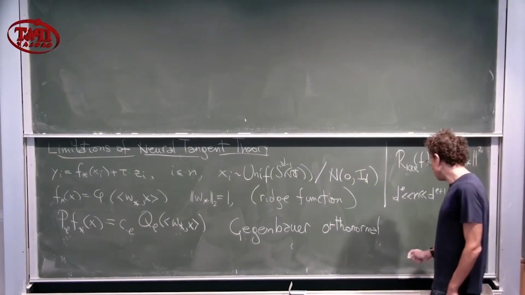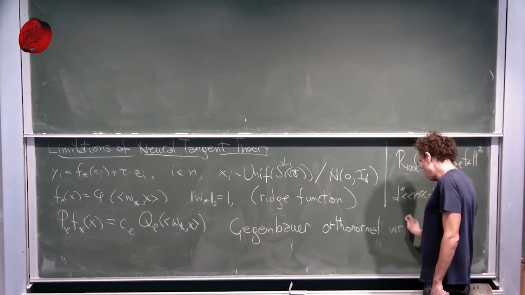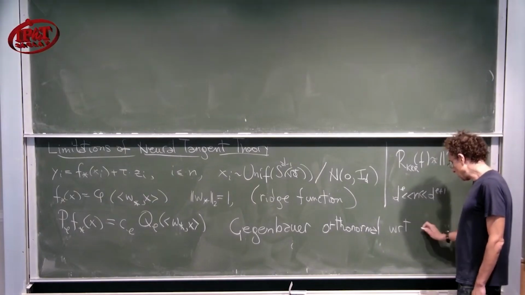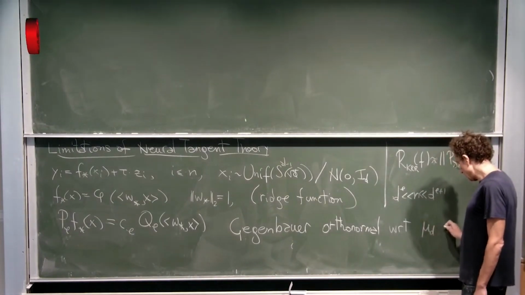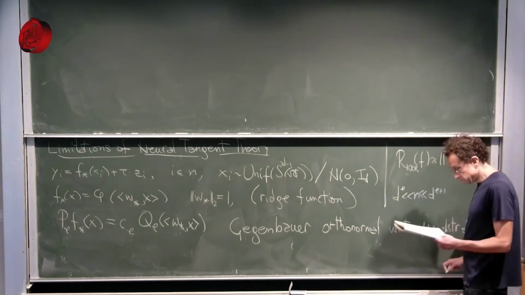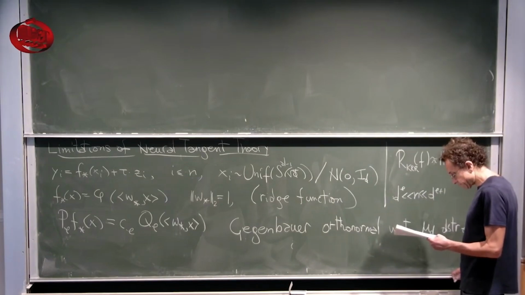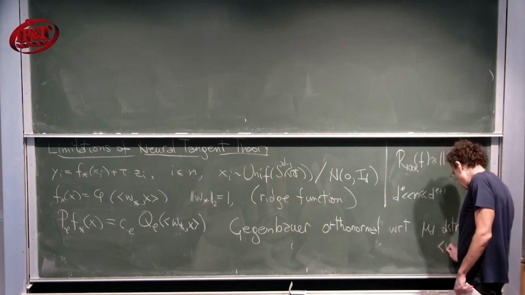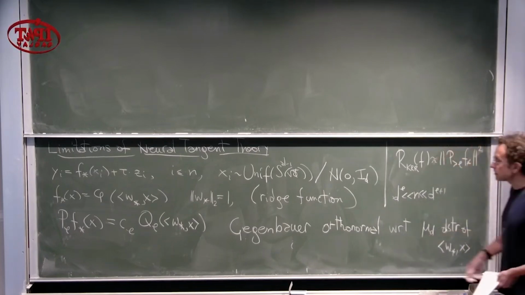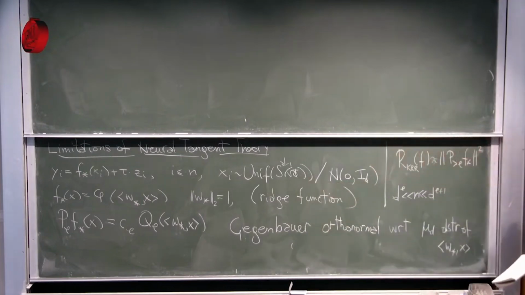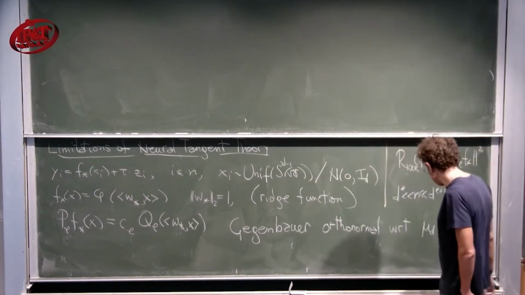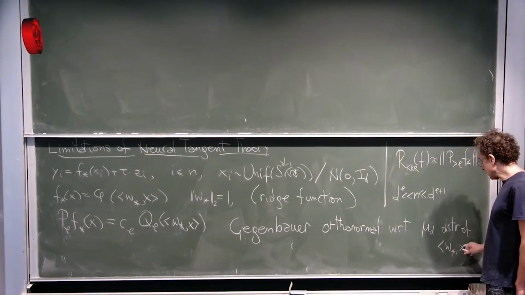So these are polynomials that are orthonormal with respect to L2 on the measure, let's call it mu d, that is the distribution of w star times x, when x is uniform on the sphere.